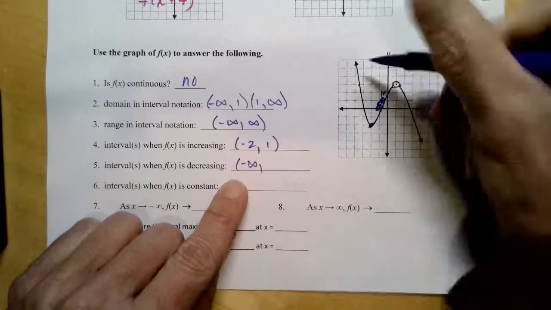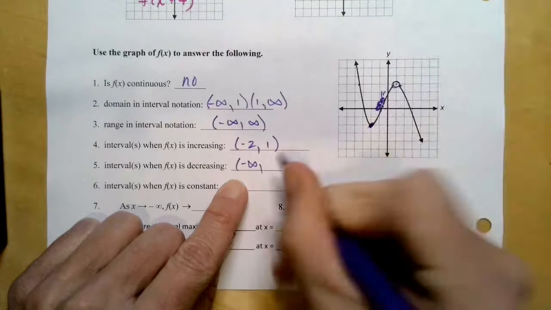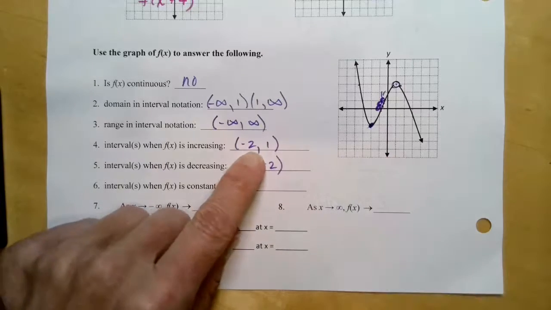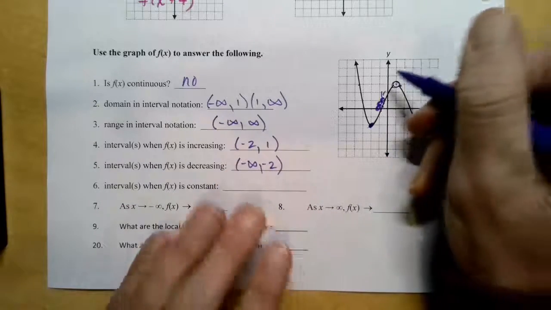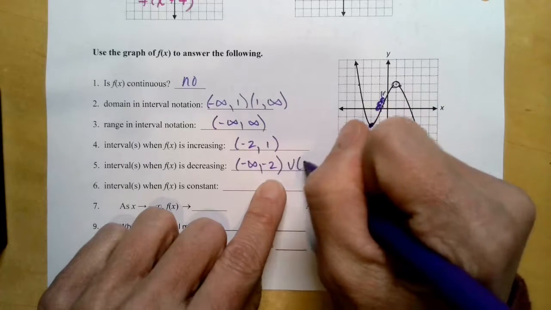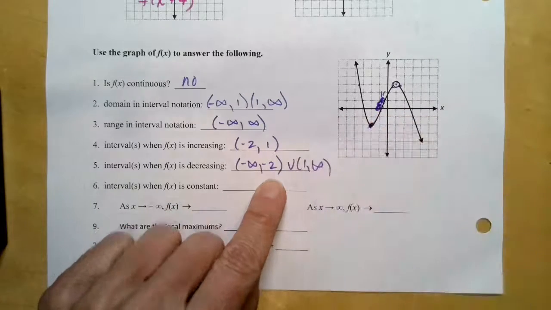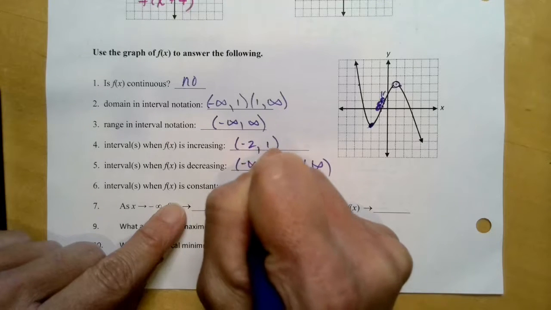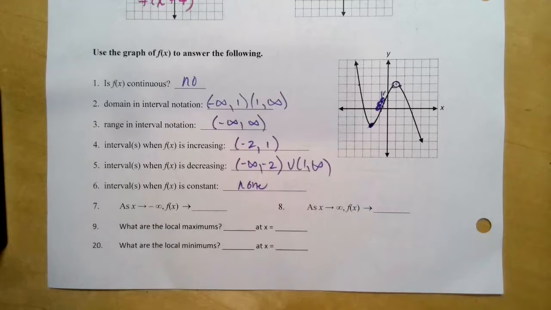From -infinity all the way to -2. Now you know it's been increasing after that, but then what happens when it reaches a value of 1 and on to infinity? Where is it constant? None. It never is constant. I'm either increasing or decreasing.